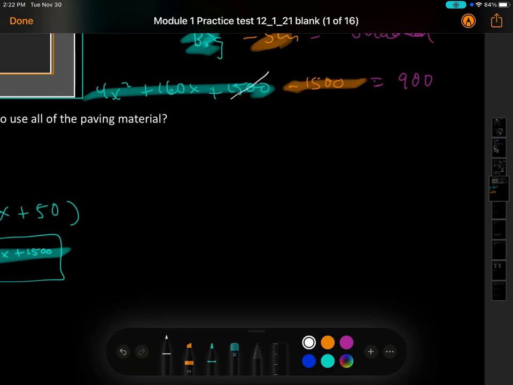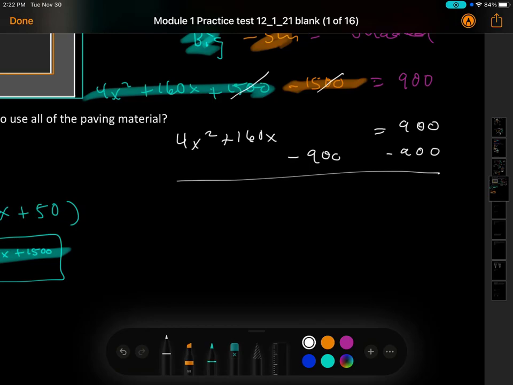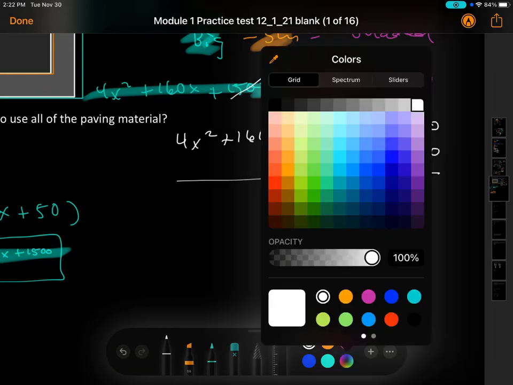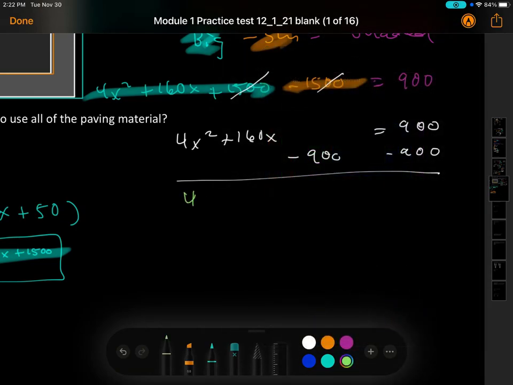Okay, so if you add these, you're just going to get 4x squared plus 160x equals 900. And to solve quadratics, you're just going to set it equal to 0. So I have 4x squared plus 160x minus 900 equals 0.